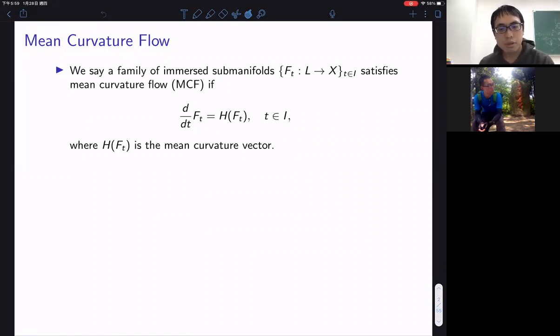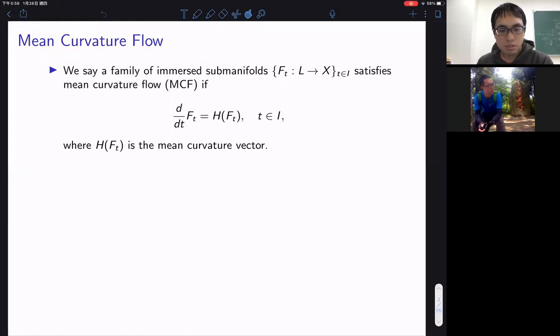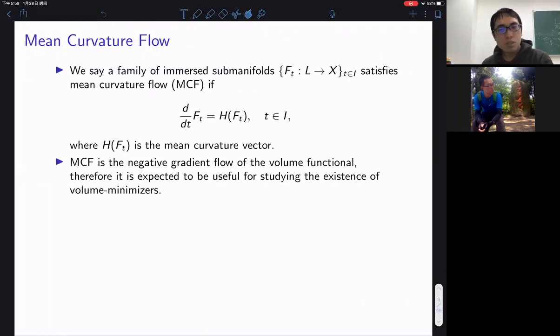Mean curvature flow is basically a family of immersed submanifolds Ft moving with speed equal to its mean curvature vector H of Ft. By the first variation of volume, the mean curvature flow is actually a kind of negative gradient flow of the volume functional.